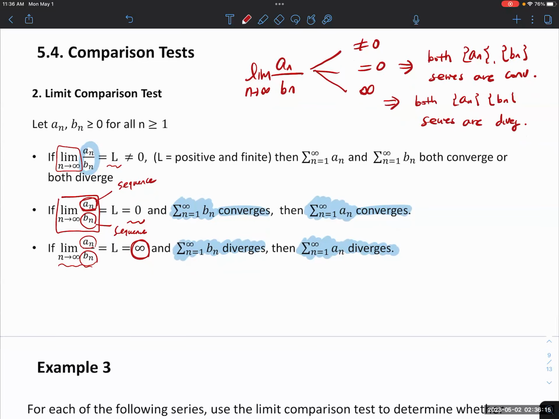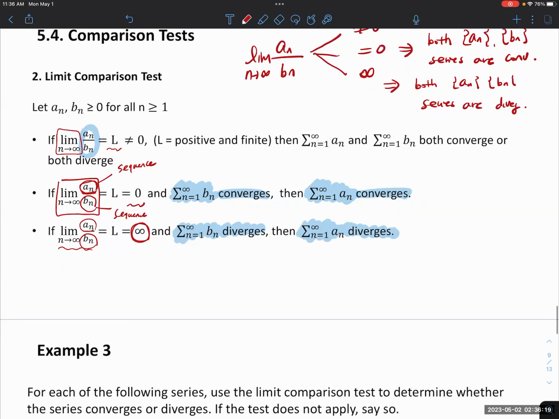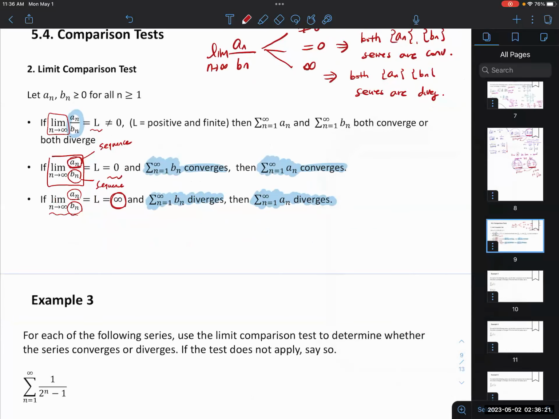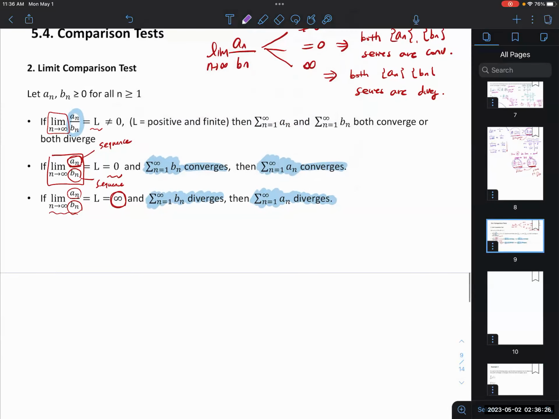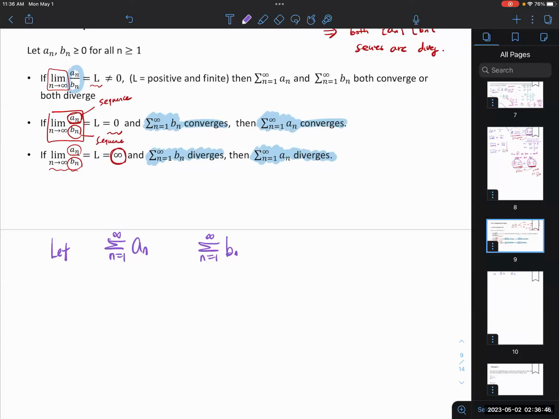So let me just show you a quick example. You might feel like, oh, what is going on? So hold up there. I'm going to show you that example according to that theorem. So let's say I have a series, summation n equal to 1 to infinity of an, and I have summation n equal to 1 to infinity of bn. So we have an and bn.